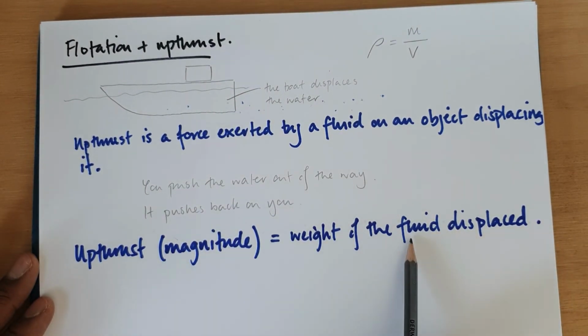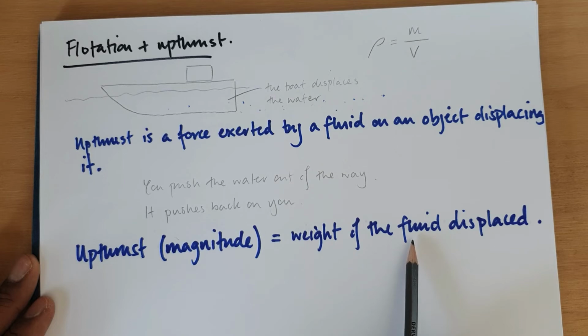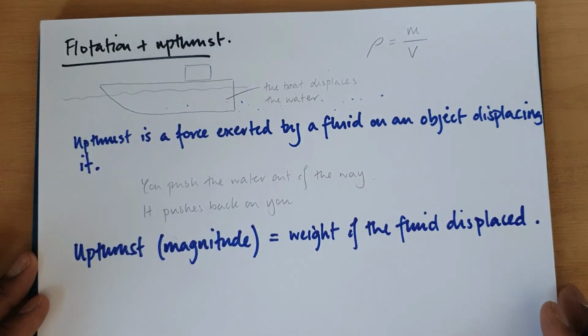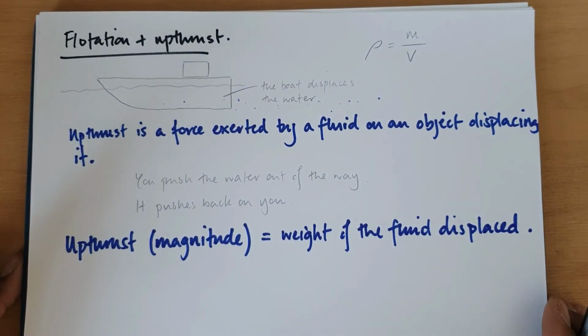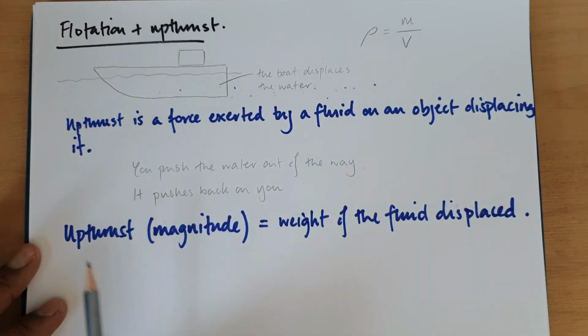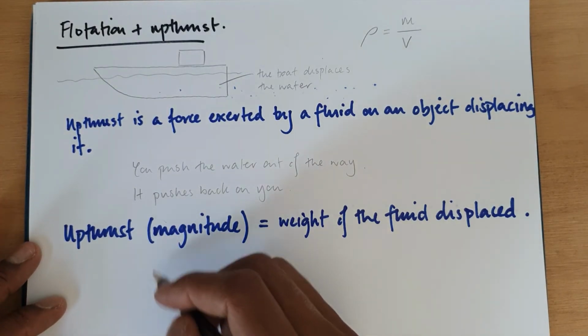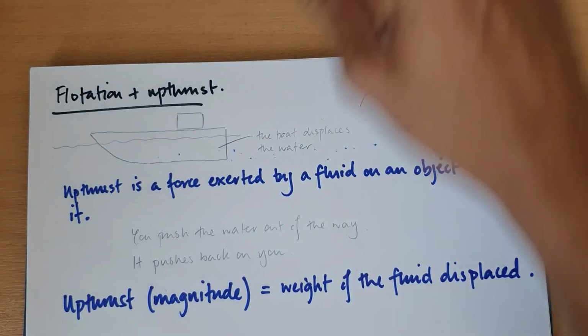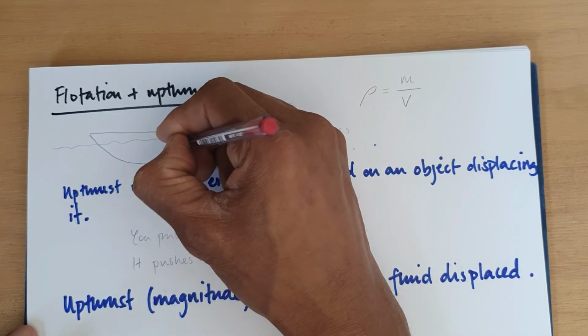And because of this idea, we basically have a method of figuring out whether something will float or not, whether it will remain buoyant in a liquid. What do I mean? Well, upthrust, let's look at this picture, in fact, about the boat. We've got the weight of the boat acting down.